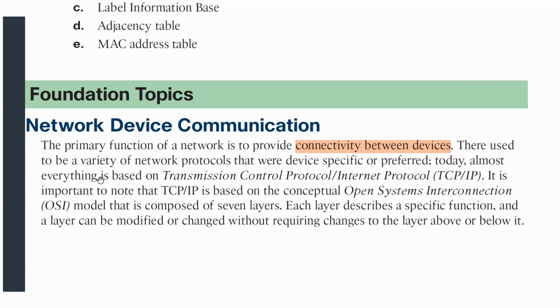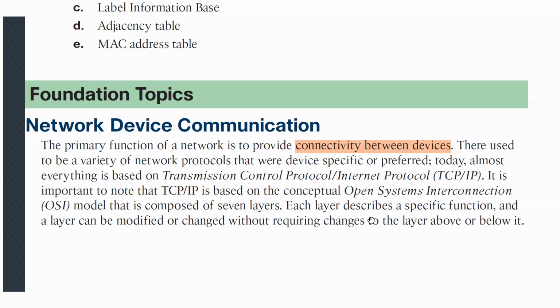So almost everything is based on what? TCP/IP. It is important to note that TCP/IP is based on the conceptual OSI model. That is why the OSI model is also known as the reference model, because even TCP/IP is referring to the OSI. It is composed of how many layers? 7 layers.